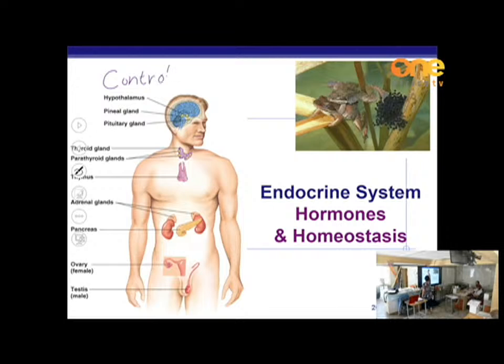And in the hypothalamus, we will find the osmoreceptors that will detect if the water levels are fine or not. In the hypothalamus, we also have thermoreceptors. We will learn about that next year. And in the hypothalamus, there are even detectors for the blood glucose level. So the hypothalamus is where we will have the control.